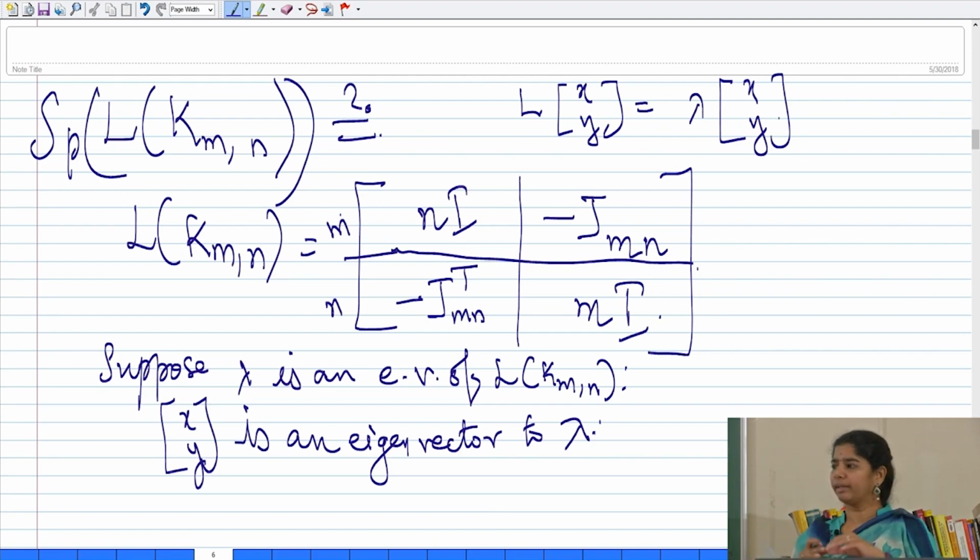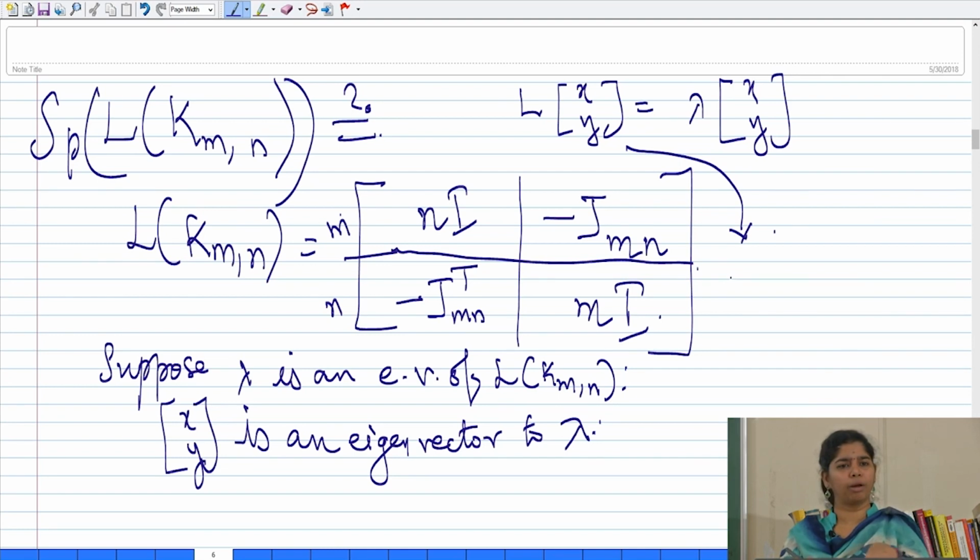If I put all these things in for this matrix specifically, we get an equation to solve, and from there we get the eigenvalues. So if I take L as this matrix and multiply it with this vector, what do I get?